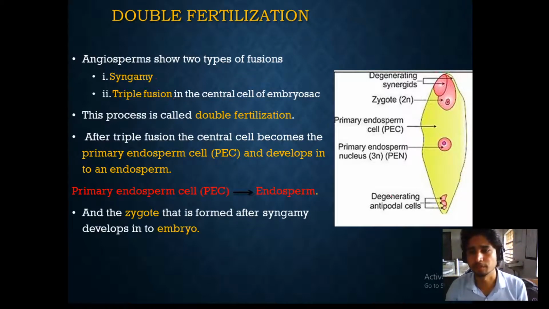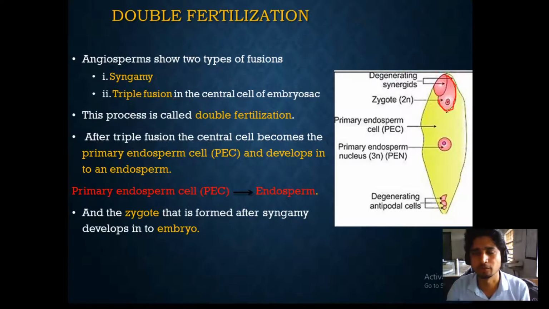And if you see the picture of the embryo sac before fertilization and after fertilization, there are various changes occurring. Remember, this embryo sac is inverted, so the micropylar end is shown here. The synergid cells are degenerating, and the egg cell is developing to form the zygote.